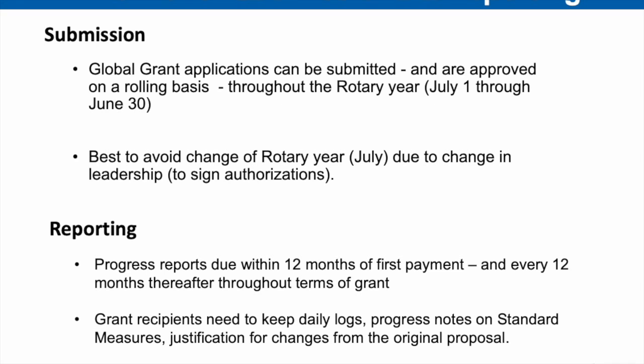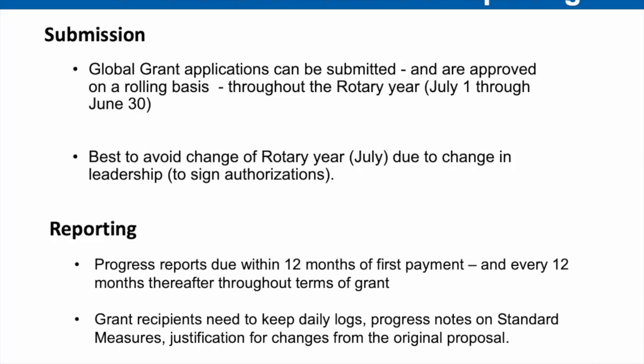In terms of reporting, well, your progress reports are due within 12 months of the first payment, and every 12 months thereafter throughout the terms of the grant. It's really important for you as a grant recipient to keep daily logs of what you do, keep your progress notes on your standard measures, and be sure you justify any and all changes that you make from your original proposal.